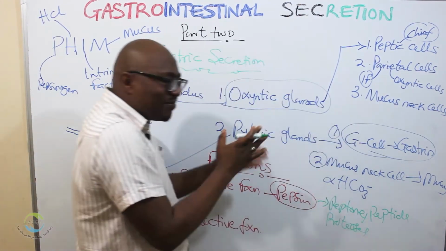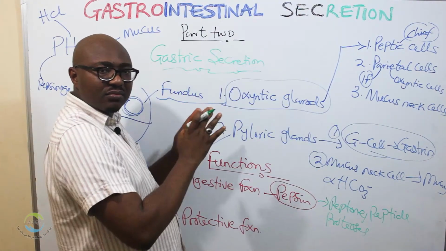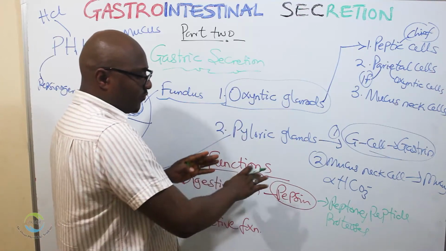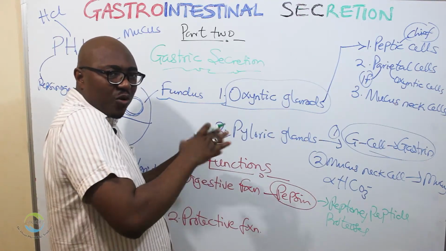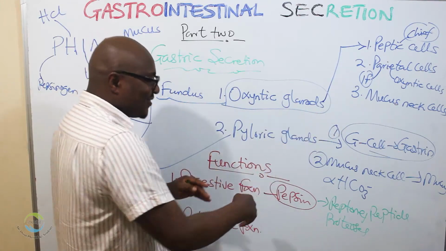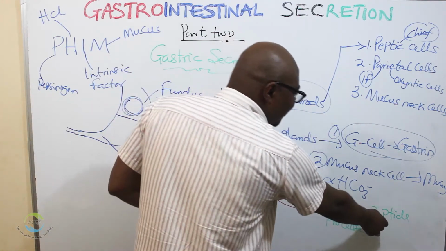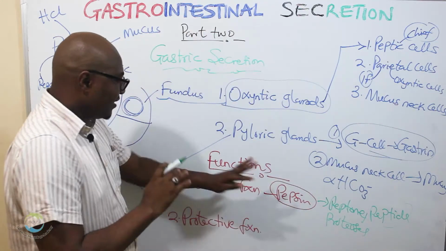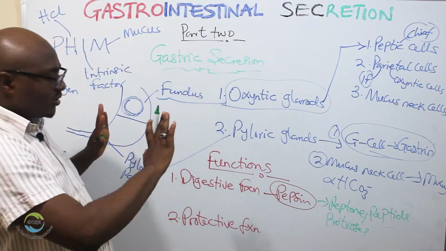These are intermediate molecules of protein digestion. It doesn't complete it. When it's complete, it's amino acids. So it digests into peptones, proteoses, and peptides. So that's the digestive function, proteins.